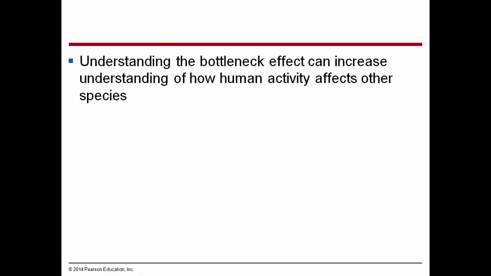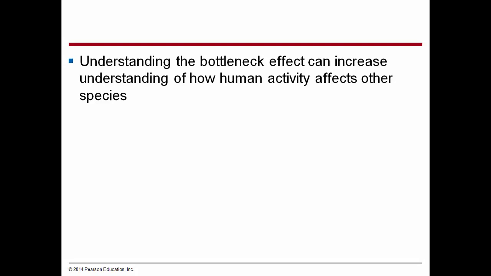Understanding the bottleneck effect can increase understanding of how human activity affects other species. For example, I was talking about the puma, the Florida panther, and how it was affected by human habitat fragmentation and hunting pressures.